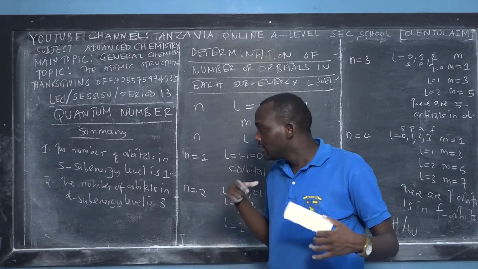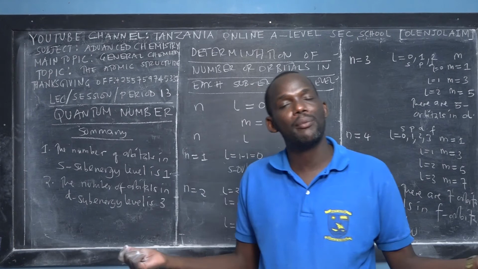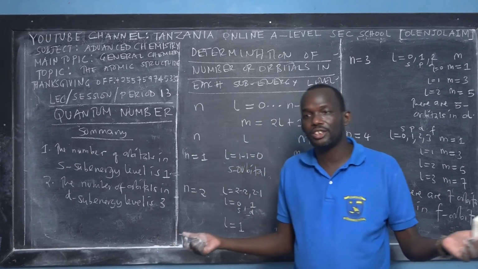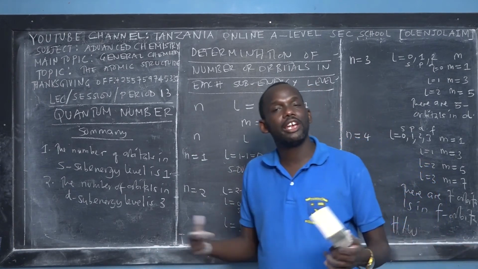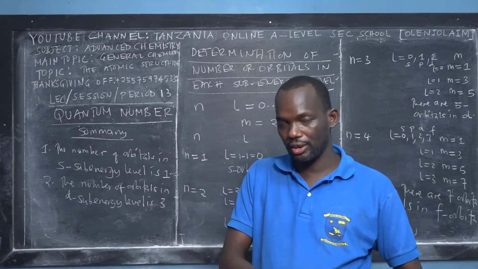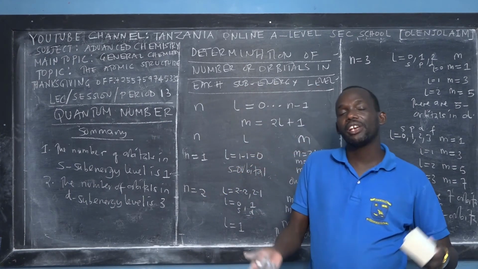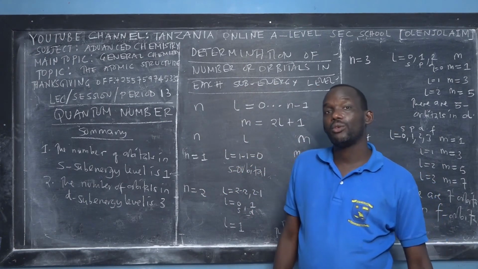The sub-energy level might not contain electrons. For example, when a hydrogen atom is ionized, it loses 1 electron, so its S orbital will be empty. So we can have an empty orbital, we can have a half-filled orbital, we can have a fully filled orbital.